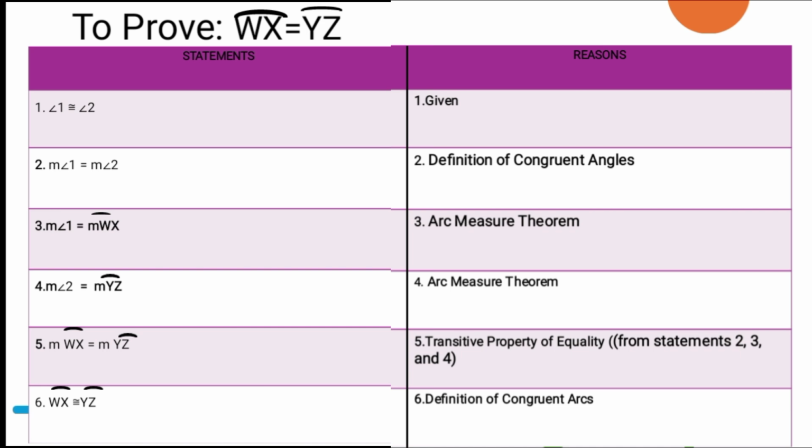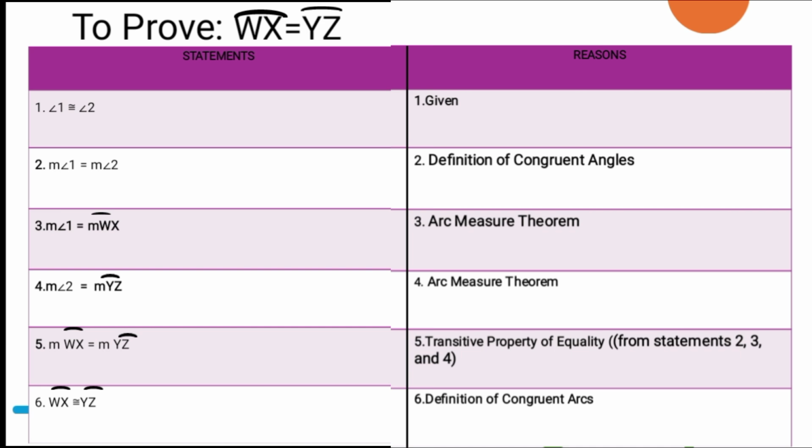Second, the measure of angle 1 is equal to the measure of angle 2. We use the definition of congruent angles to state that the measures of these angles are equal. Number 3 is the measure of angle 1 is equal to the measure of arc WX.